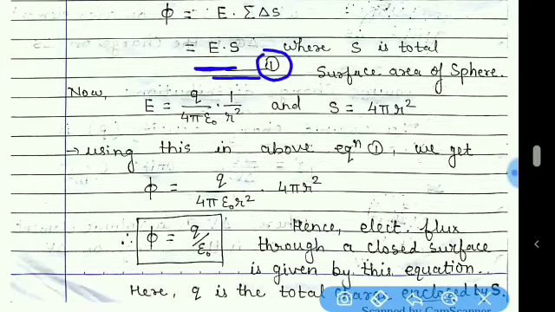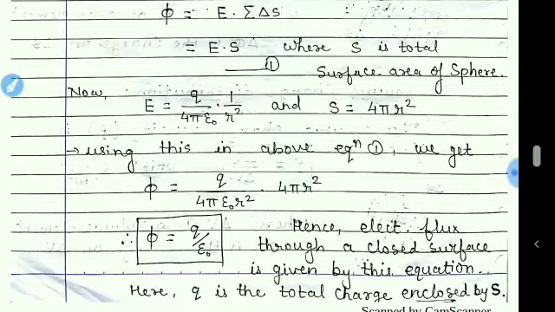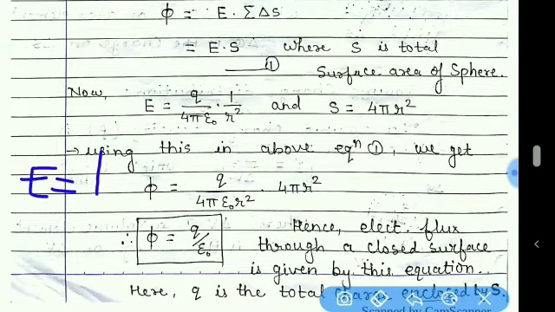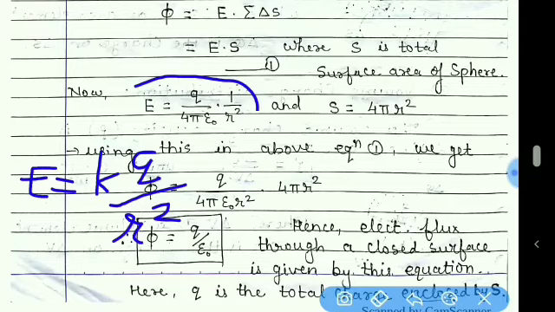Now we know that the electric field due to a single charge is given by E is equal to K Q by R square. So here also I have written this electric field due to charge Q. The value of K is 1 upon 4 pi epsilon naught.